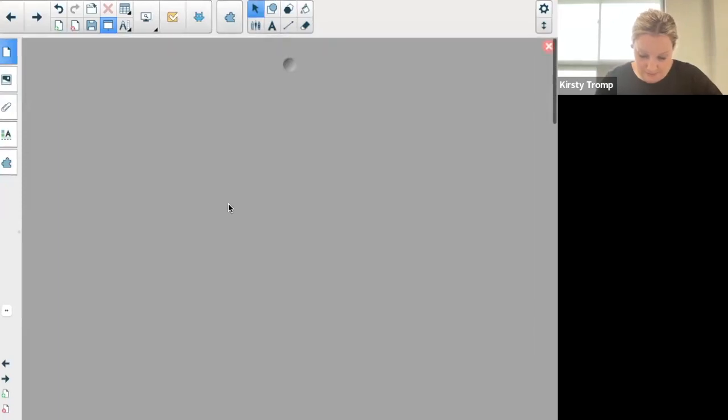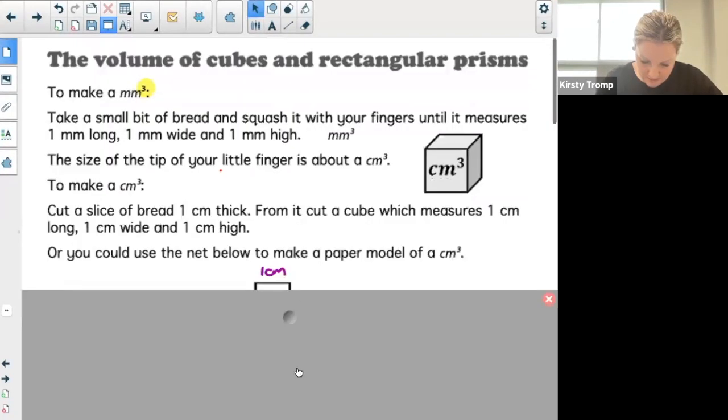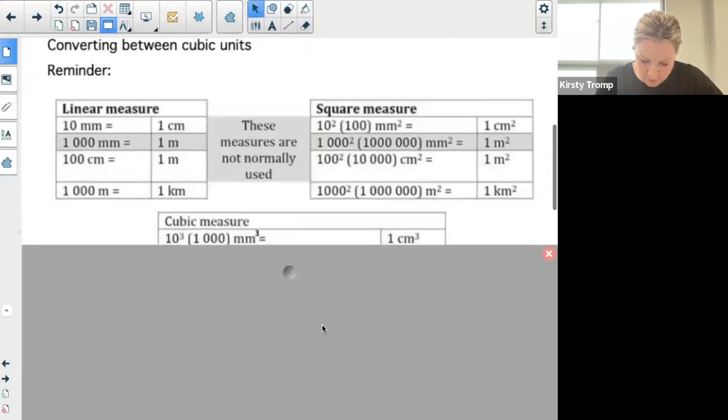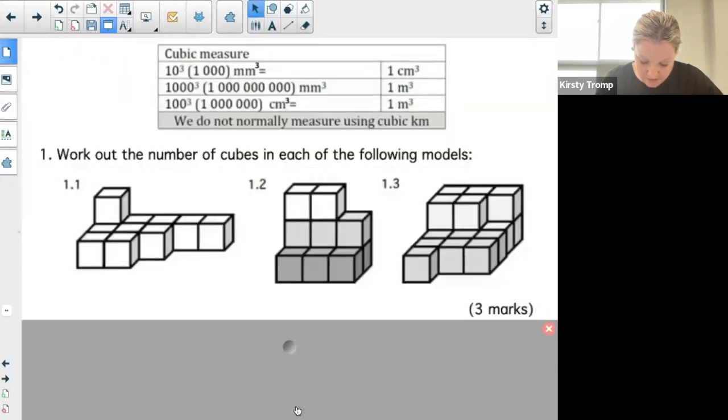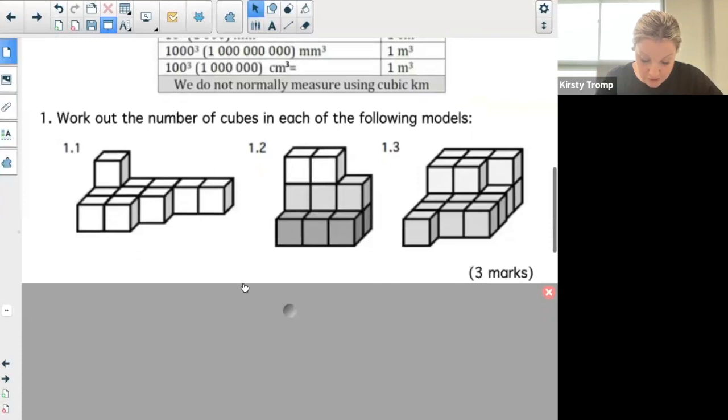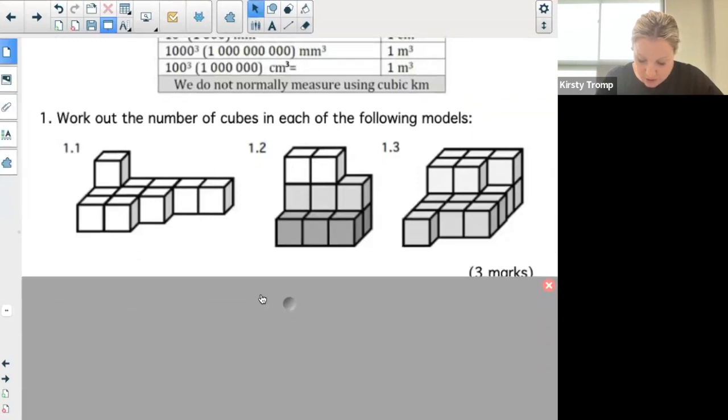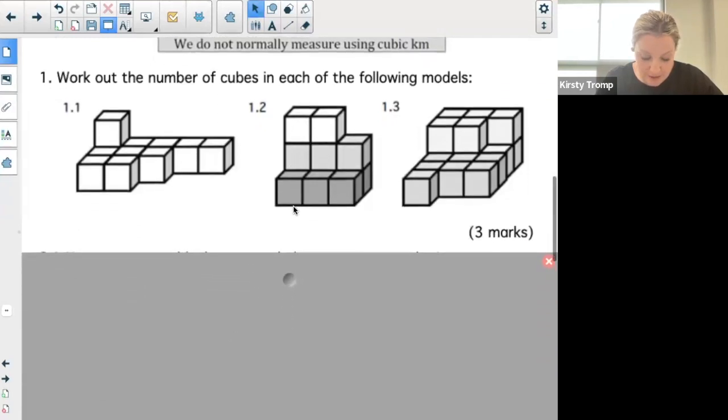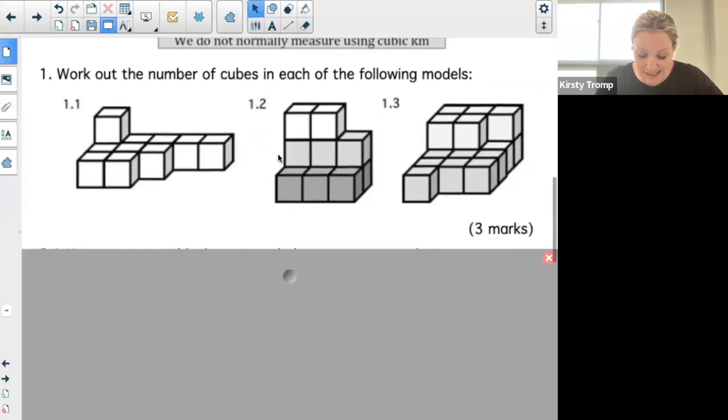Now, right, we're going to have a look at working out. First of all, in this question, you're going to calculate for me the number of cubes in each of the following models. So I want you to have a look at those drawings, okay? And you're going to calculate how many cubes are in number 1, how many cubes are in number 2, and then how many cubes are in number 3.